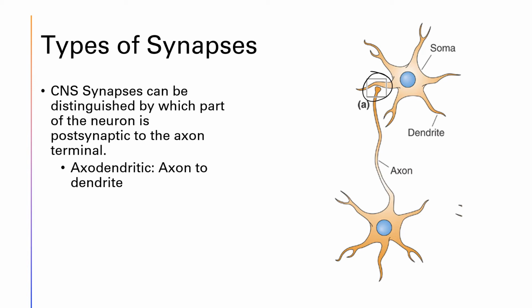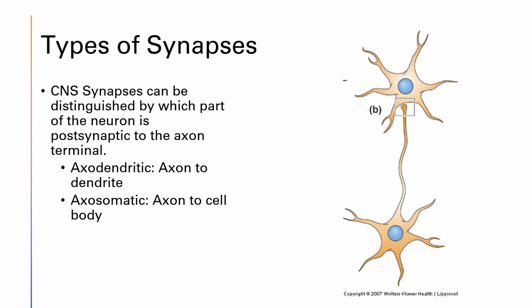Okay, so we talked about dendrites being the gatherer of information, bringing it into the soma. So this cell here is influencing the information that's coming into the soma, or generating that information coming into the soma. You may have axosomatic synapses, okay, where the axon is going to synapse on the cell body.